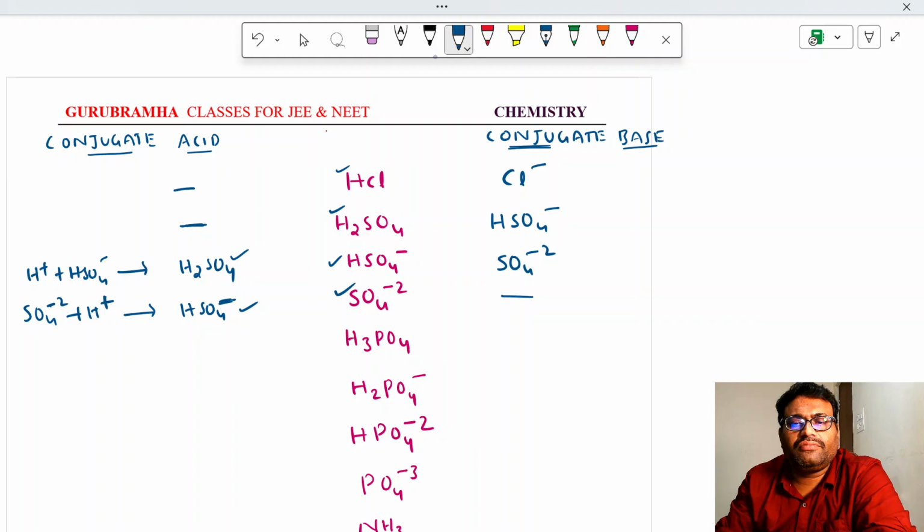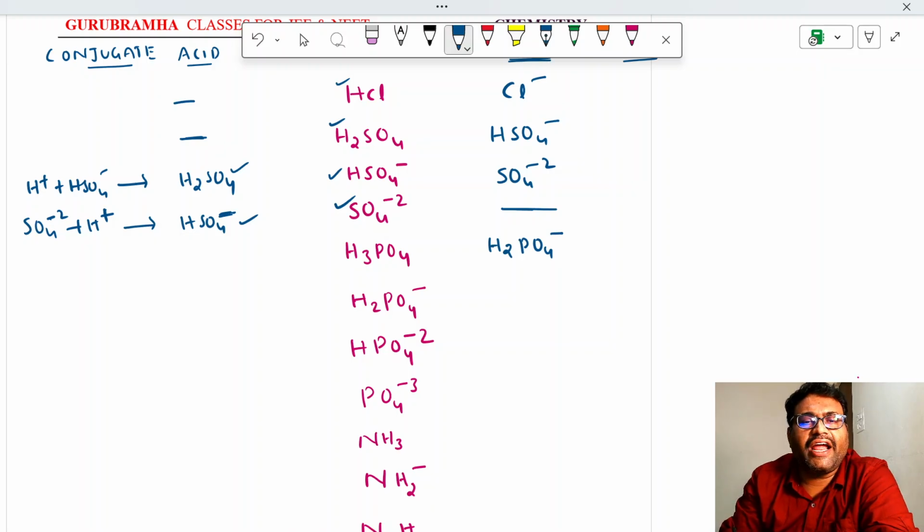Now, can you remove a proton from H3PO4? Yes. If I remove a proton, I get the conjugate base. What do I get? H2PO4 minus. What did we study about removing a proton from a substance? It gives you the conjugate base. On adding a proton, can you add a proton to this? Is H4PO4 plus possible? Not possible.